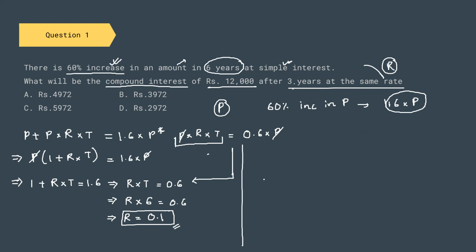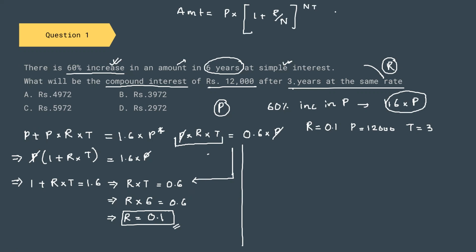Now we have to calculate the compound interest. The rate is 0.1, that is 10%. The principal amount is 12,000 and the time is 3 years. According to the formula, the total compound amount is equal to principal into (1 + r/n) to the power n into t.